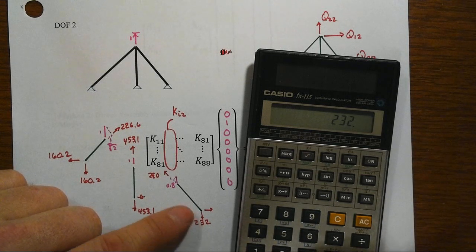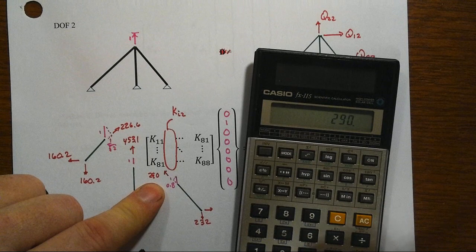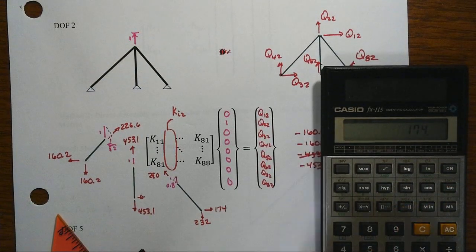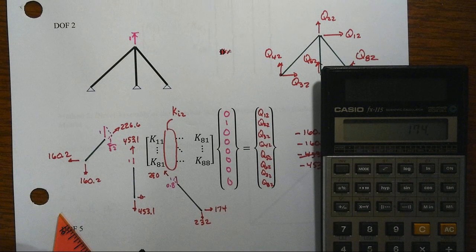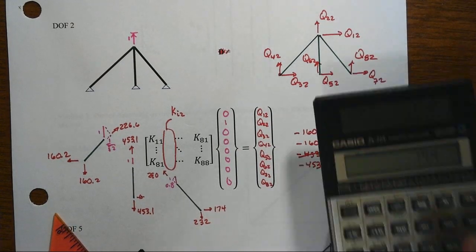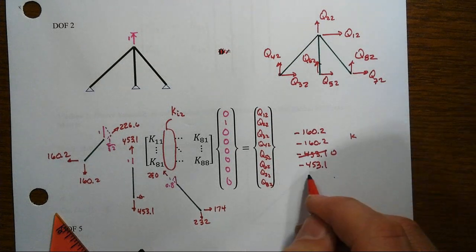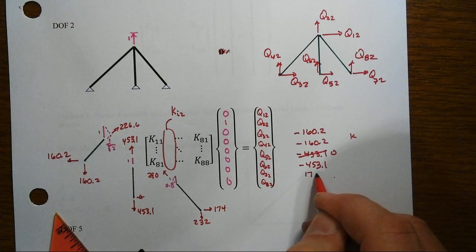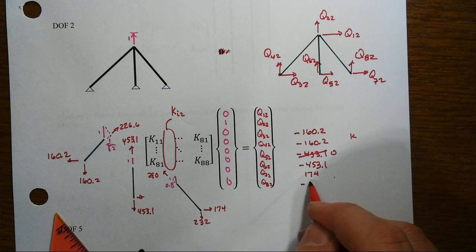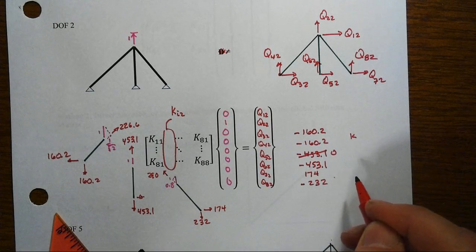And then we got the 290 times 0.6 to get the x component, that's 174. And that one lines up with the positive direction for 7.2, so that's 174, and the vertical is in the opposite, so that's a minus 232.